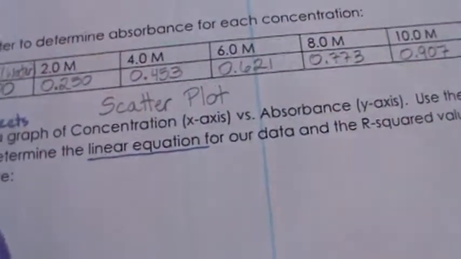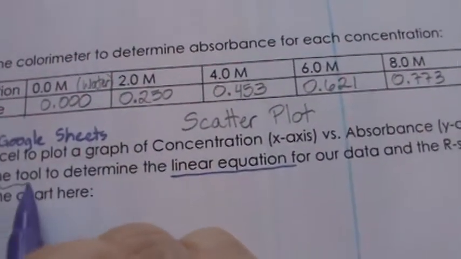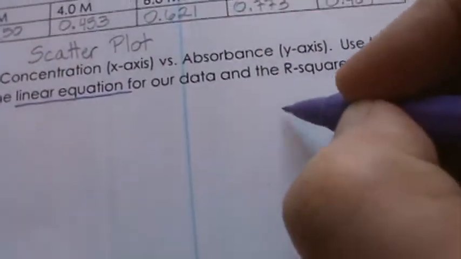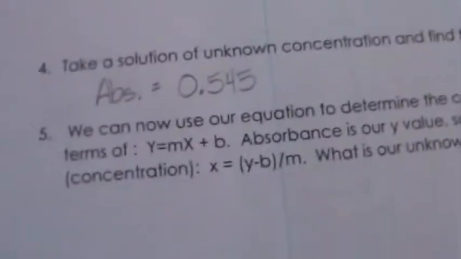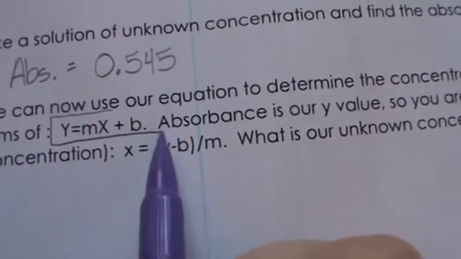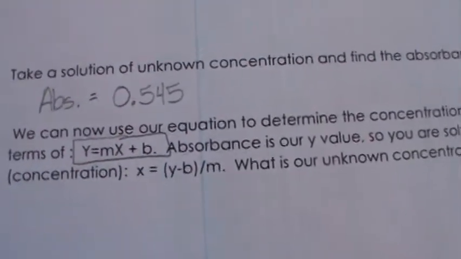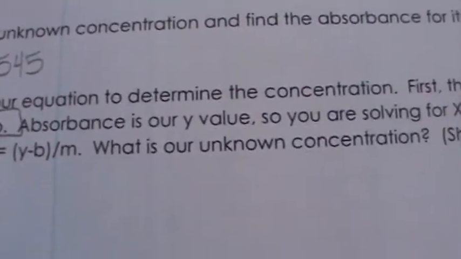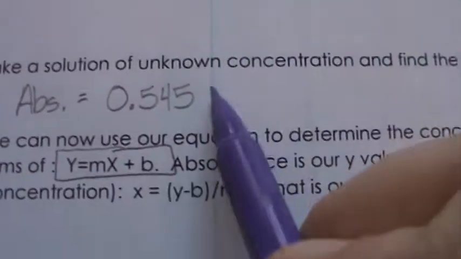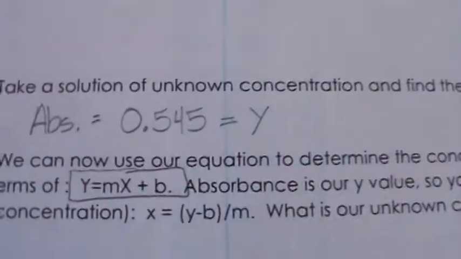Okay, and then make sure that you use the trend line tool to determine the linear equation. And your linear equation is in the form of y is equal to mx plus b. Okay? Absorbance is your y value. So up here, you have a y value. This will be y. Okay?